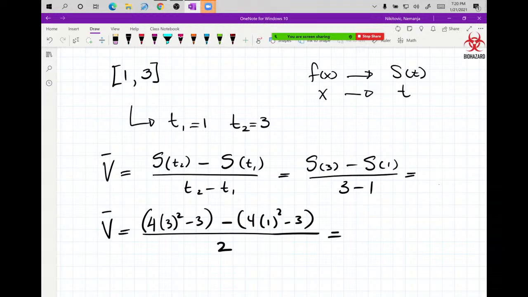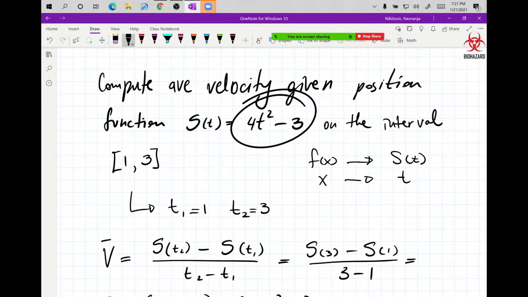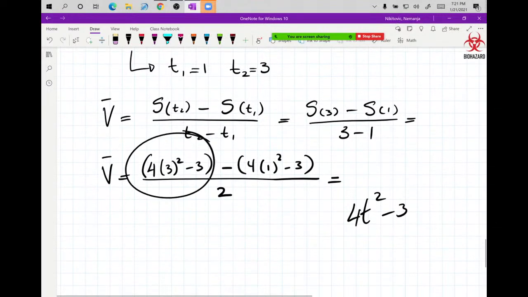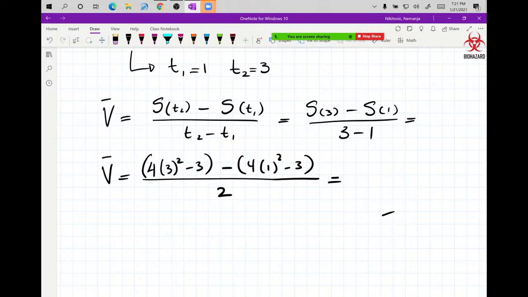I'm in the units now. So as you can see, I used the function, 4t squared minus 3, and I plugged in the numbers that I am supposed to plug in. And I just need to compute this, and we're done. So 3 squared is 9. 9 times 4 is 36.